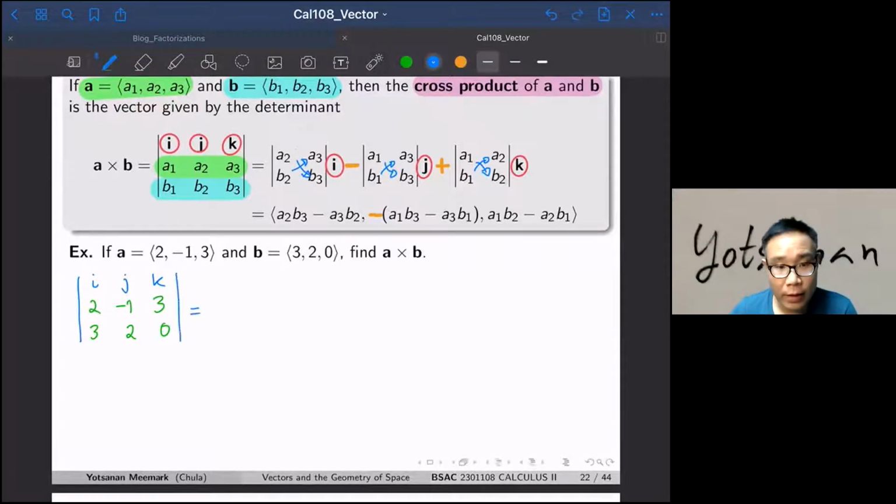Okay, and for the term with I, you cut the row involving I and the column involving I. So you see that you get negative 1, 3, 2, 0 left. So it's gonna be negative 1, 3, 2, 0, and you have I.